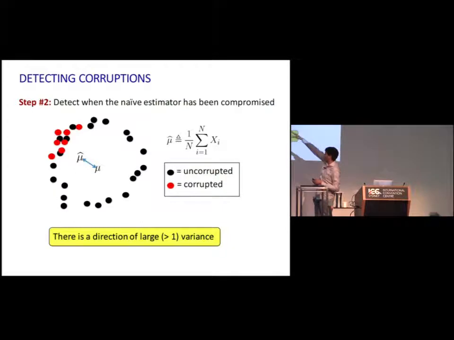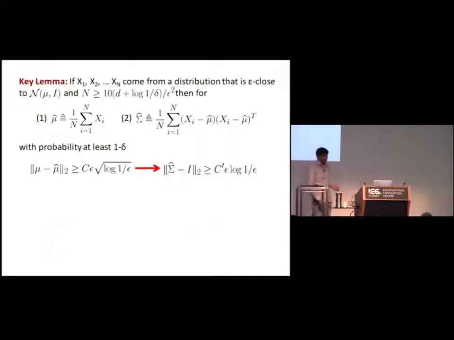Along that direction where all these red points lie, when we project on that direction, we're going to have variance much larger than 1, even though we were promised that the covariance was the identity. So this is the basis for all of the algorithms, as simple as it sounds. Mechanically, all of our algorithms, maybe in slightly fancier frameworks, are just going to use the naive estimator anyways and detect when so many corruptions have been added that we've lost dimension-independent guarantees for robustness.